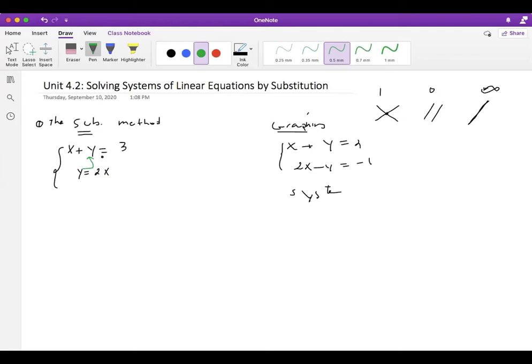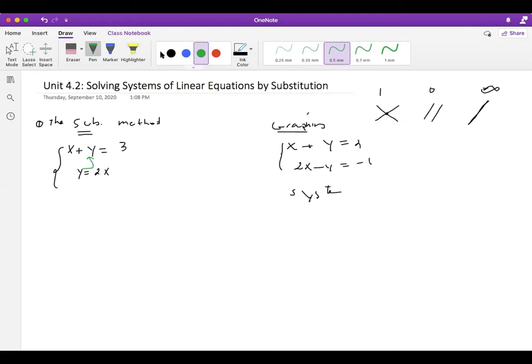Okay, so you look for the variable that's by itself on one side, either x or y. You take that and replace the same variable with its equivalent in the other equation. Once you do that, you'll end up with an equation with just one variable instead of x and y. Once you plug this here, you'll have x plus 2x equals 3. So it will be an equation with one variable, which is easier to solve than two variables.